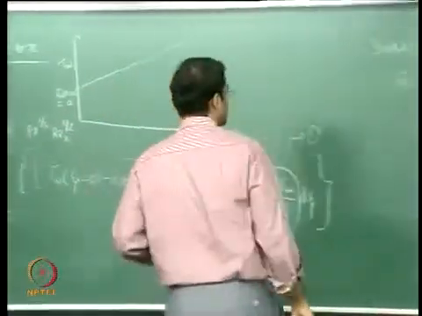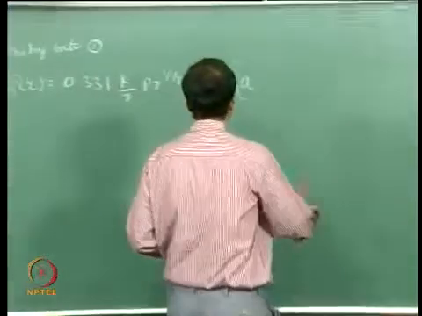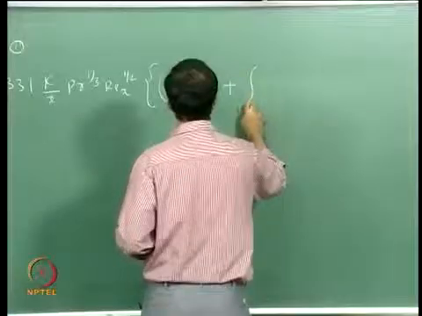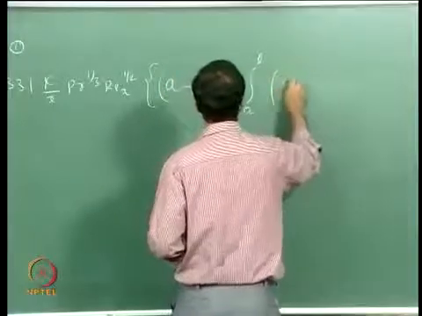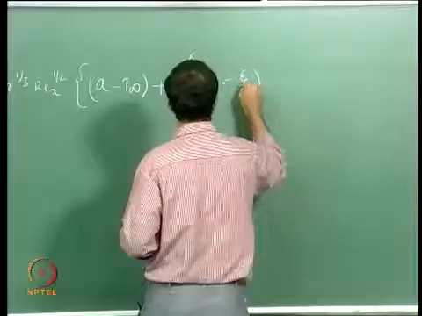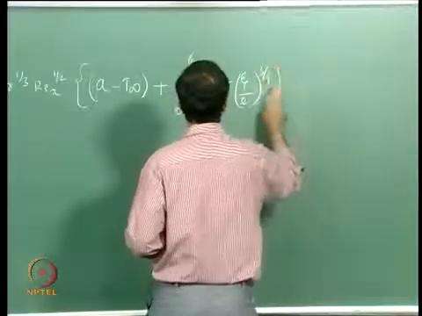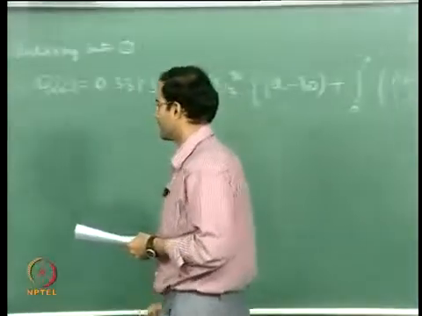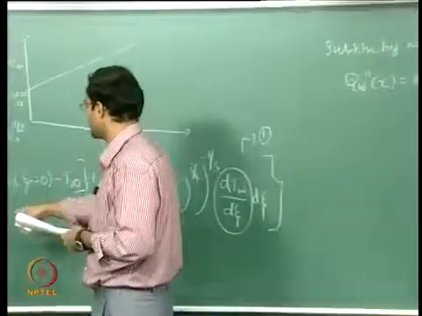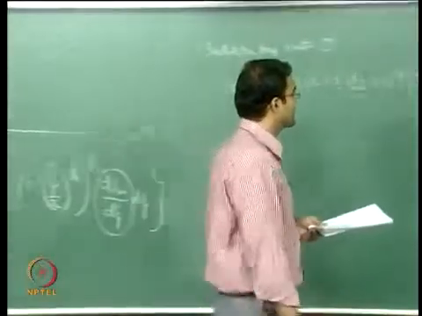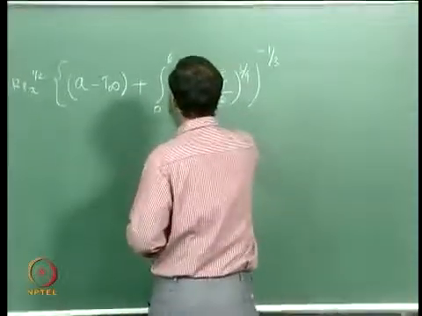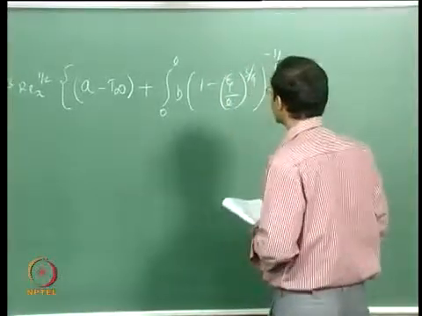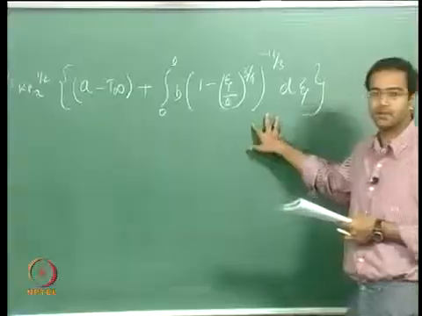So I am just substituting for T wall at zeta equal to 0 as a, minus T infinity, plus integral 0 to x of 1 minus zeta by x to the power 3 by 4, the whole power minus 1 by 3. dT wall by d zeta is nothing but b, so this will be b into d zeta. Okay, so now all we need to do is evaluate this integral, because everything else is known.